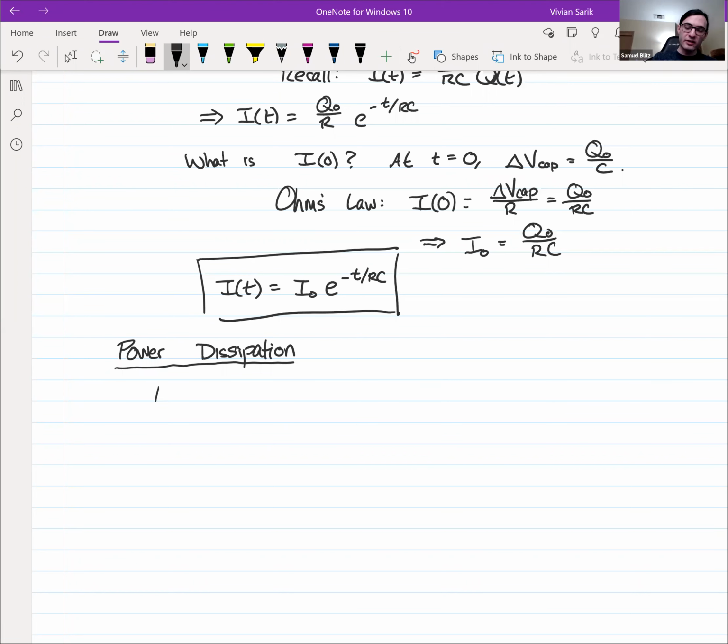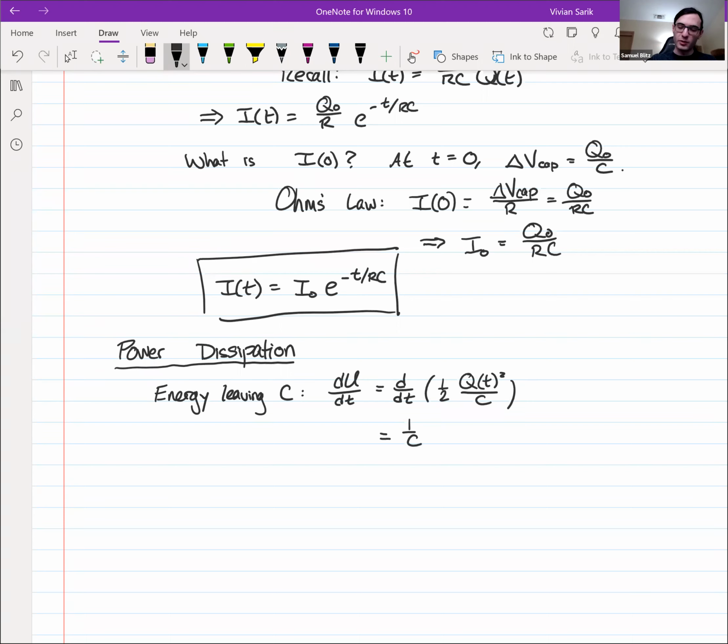The rate of the energy leaving the capacitor can be found by just taking the time derivative of the energy in the capacitor. And what's the formula for the energy in the capacitor? It's 1/2 Q squared over C. In this case, Q depends on time, so this is using the chain rule.